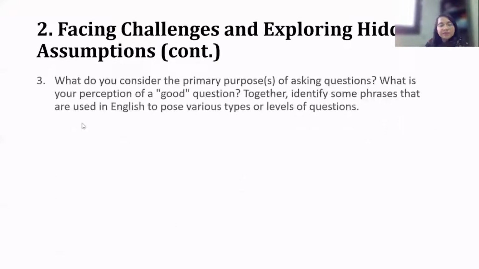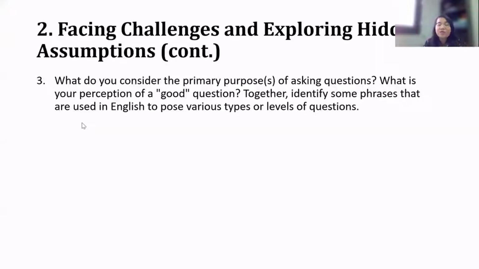The next one, what do you consider the primary purposes of asking questions? What is your perception of a good question? Together, identify some phrases that are used in English to pose various types or levels of questions. Well, you can use this as a review of what we learned in lecture 3, right? So what makes a good question?